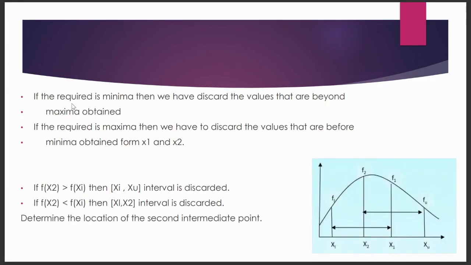After calculation of the f function value at 2 points, by comparing them we can decide: if the required is minima, then we discard the values that are beyond the maximum obtained. And if the required is maxima, then we have to discard the values that are before the minima obtained from the two intermediate points, let's say x1 and x2.